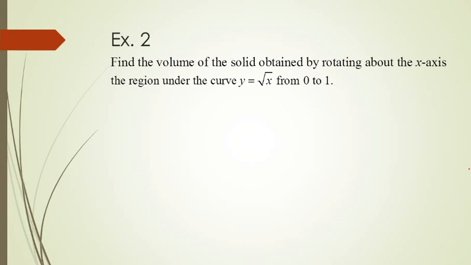To draw some function curves we studied before, you need to figure out which axis they are rotating about and what kind of solid we will get. So you need to draw those by yourself. First let's check the curve y equals root x from 0 to 1.